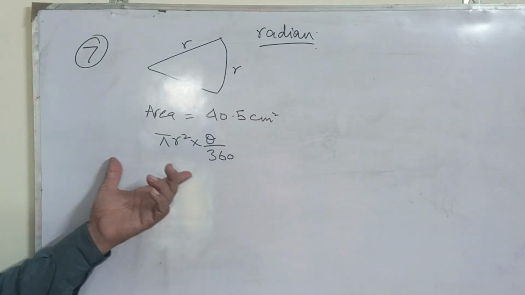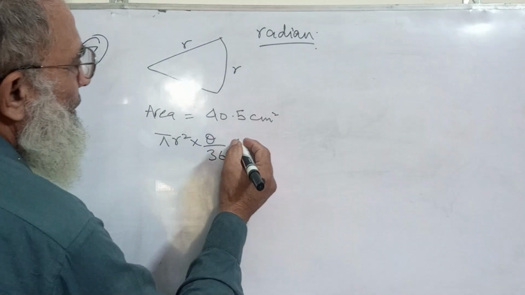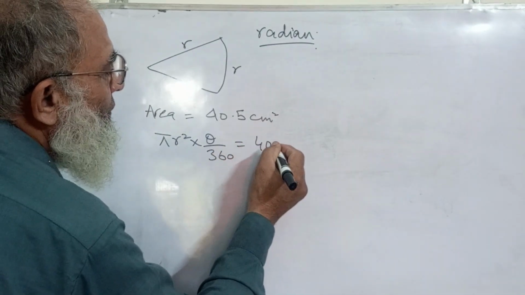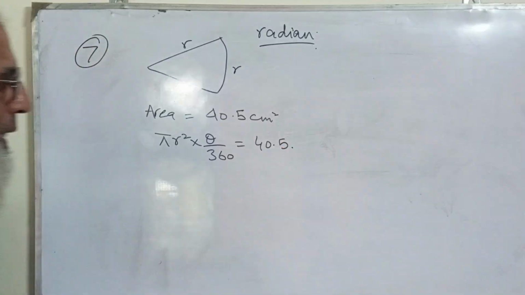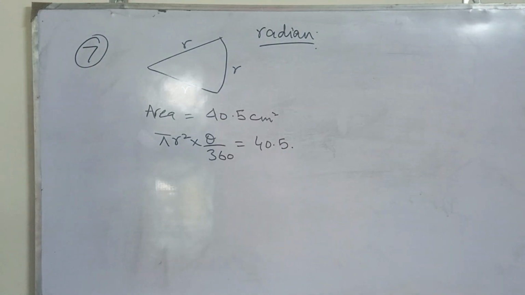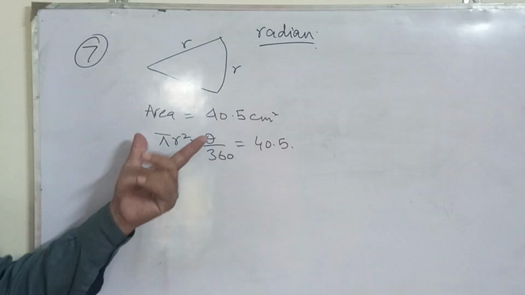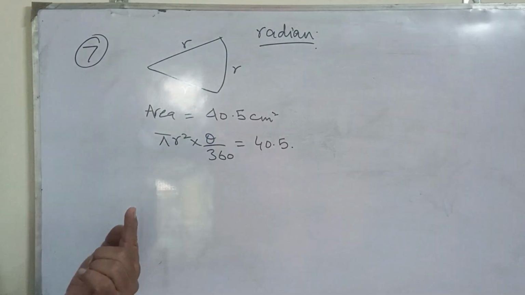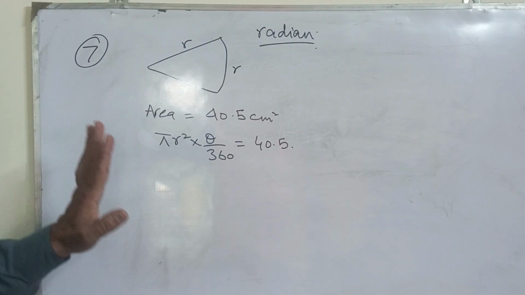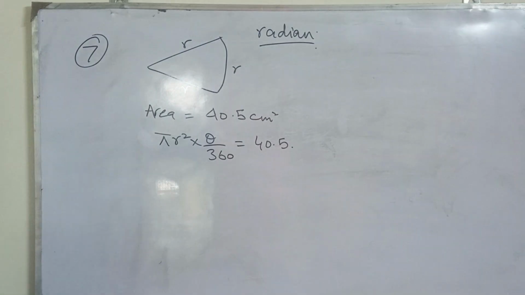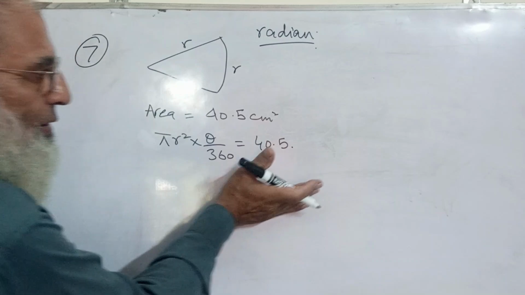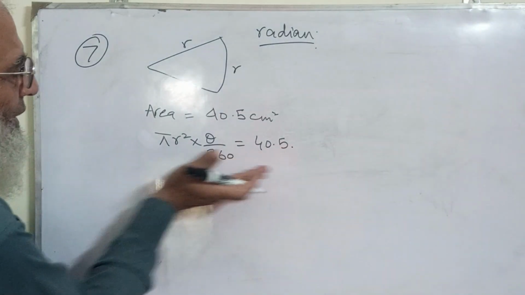This is the area of the sector, which is given as 40.5. I cannot solve this yet because I do not know two quantities. When there is only one quantity to be found, we can find it. When two quantities are unknown, you cannot find it. So leave this equation right here.